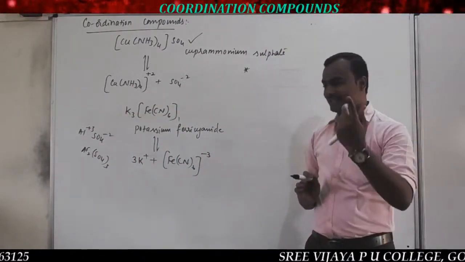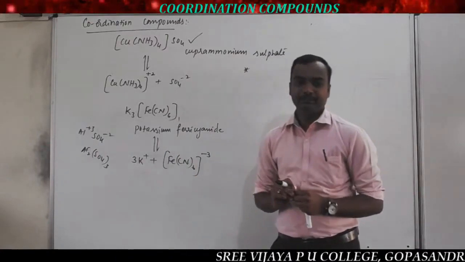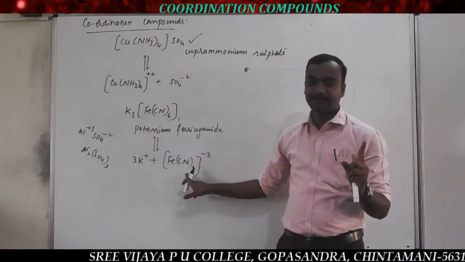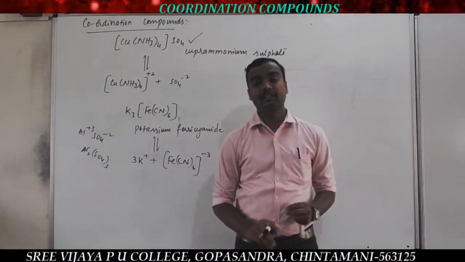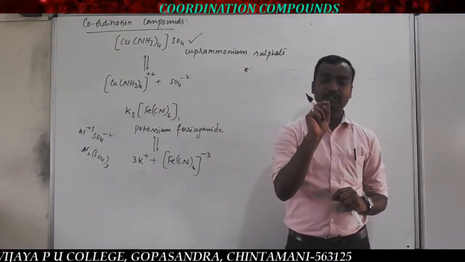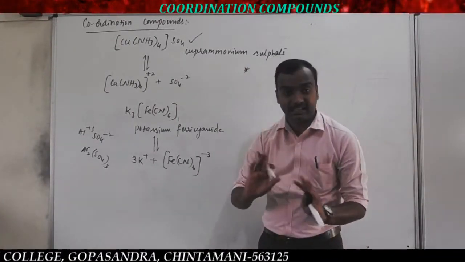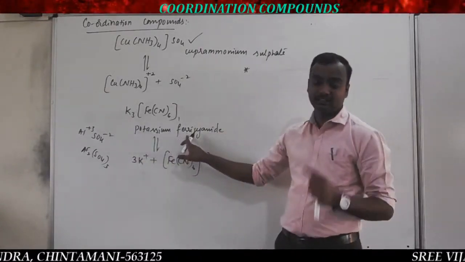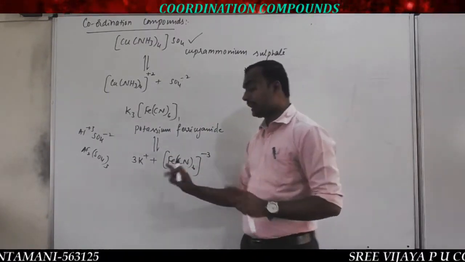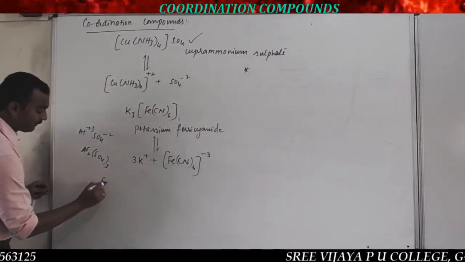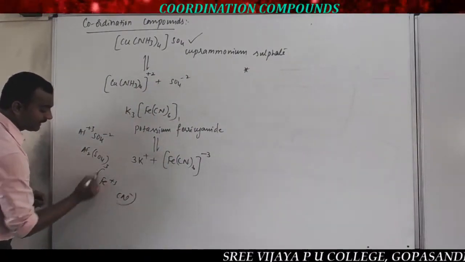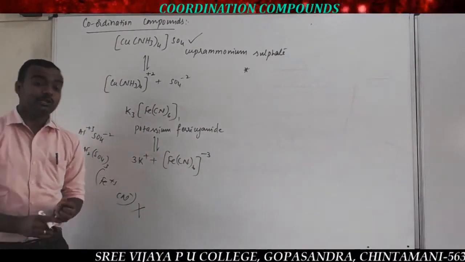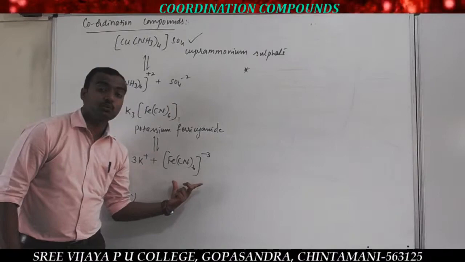For example, take potassium ferricyanide. It ionizes to give K plus, but the Fe(CN)6 part does not ionize any further. Why does it not ionize? The bond between Fe and CN is not an ionic bond, that is purely a coordination bond. So CN minus does not exist. Fe is in the plus 3 state, ferric. So there is no possibility of the two ions here: no chance of Fe plus 3, no chance of CN minus. That is, it doesn't give all the ions present in it. Instead, it gives at least one complex ion.